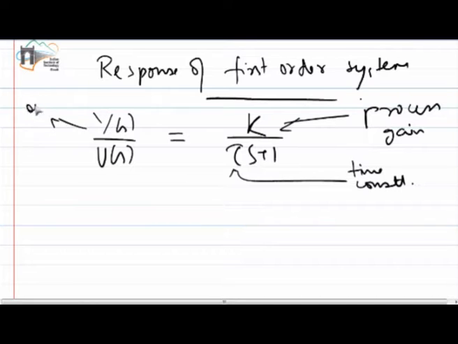Okay, this is the output and this is the input. So this is my first order system.